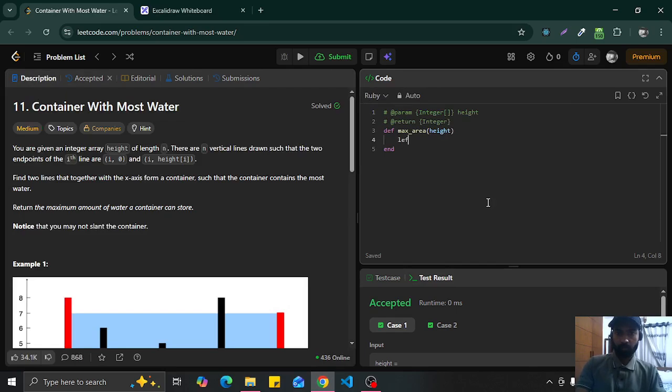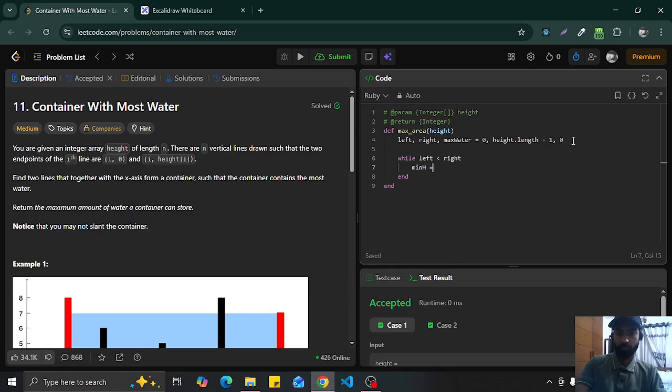Okay, left pointer, right pointer, max water. So left 0, right is height dot length minus 1 and 0 height, while left less than right, calculate minimum height.